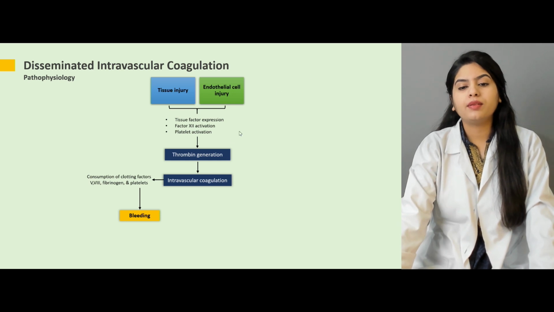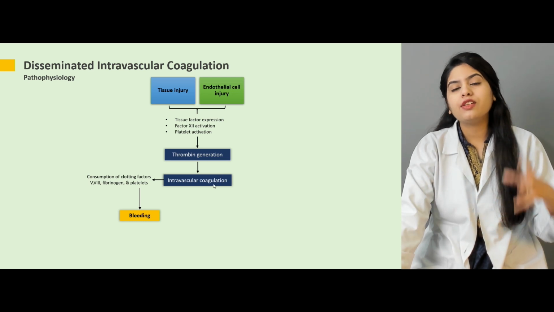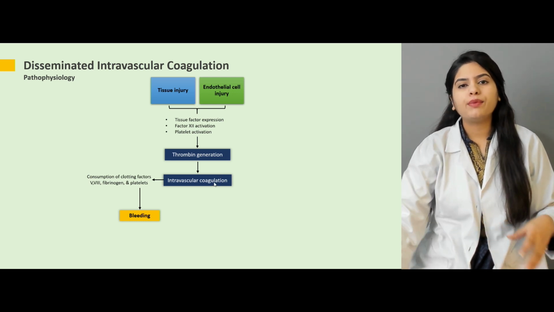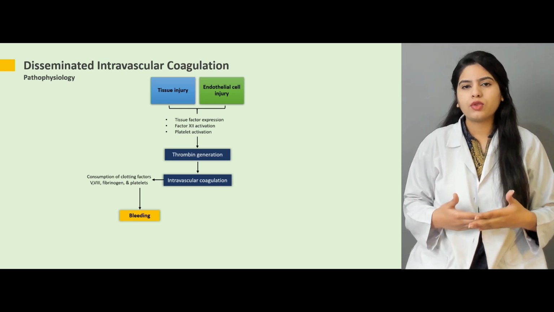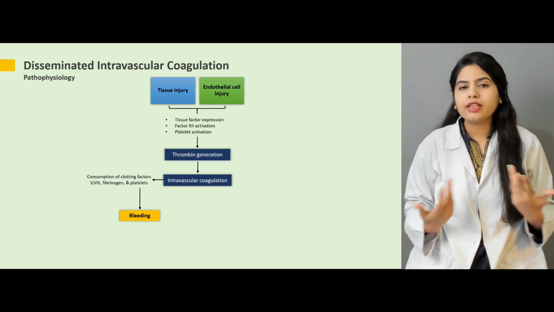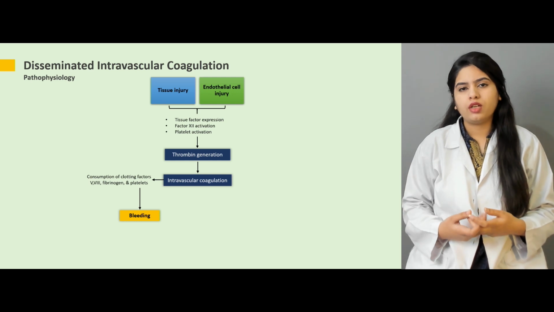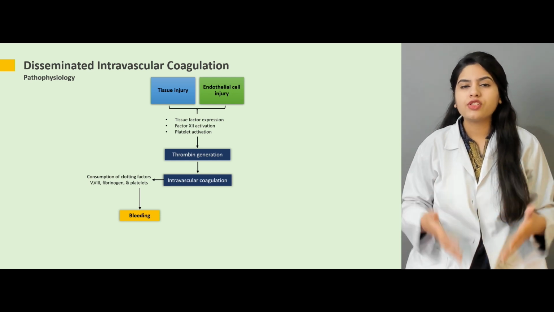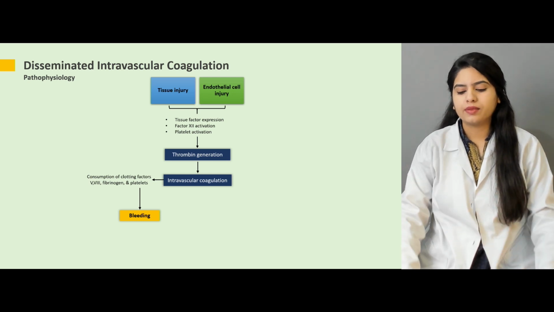But here, because of the excessive platelet activation, there is the formation of thrombin, and there is intravascular coagulation. Because of that, the clotting factors involved in the clotting process are consumed. After their consumption, they are deficient in the body, so that may lead to bleeding.